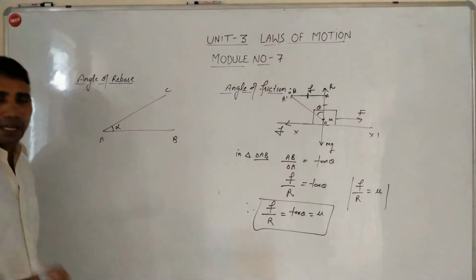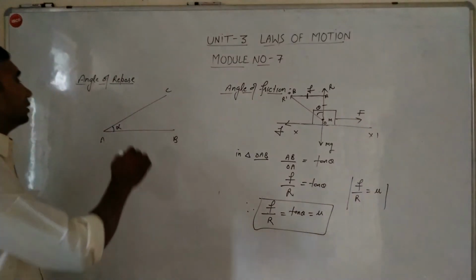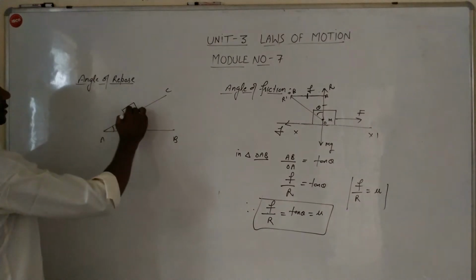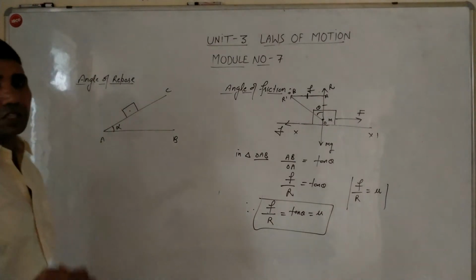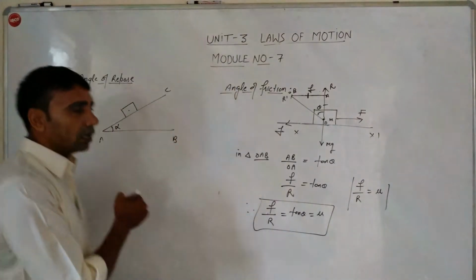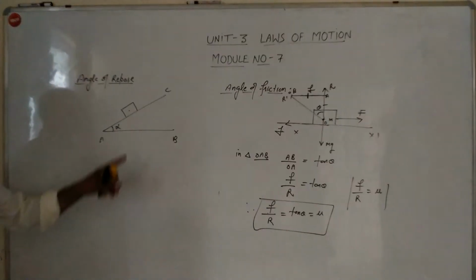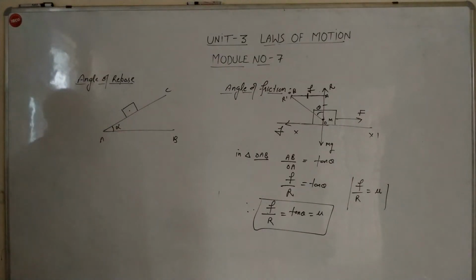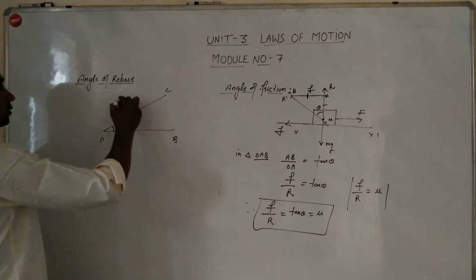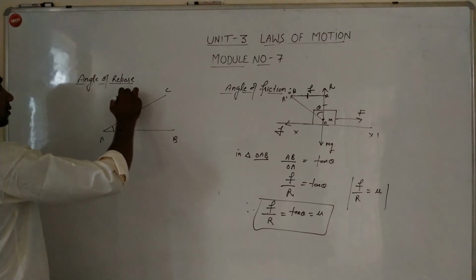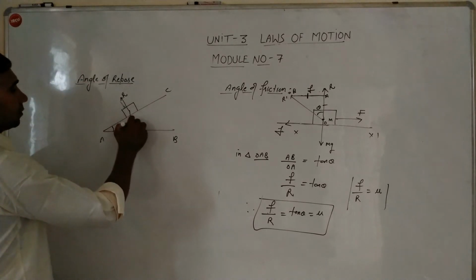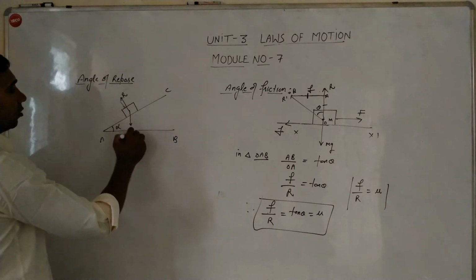But the condition is that when a body placed on the inclined surface just begins to slide down, that is called angle of repose. R is the reaction force, mg is the weight of the body acting vertically downward.